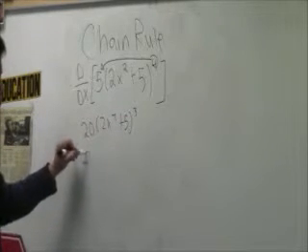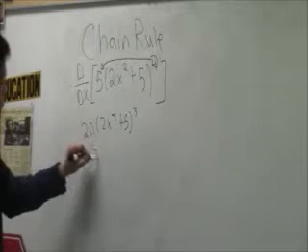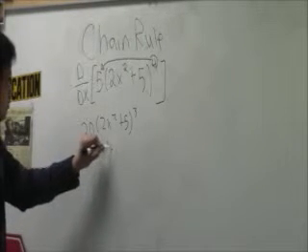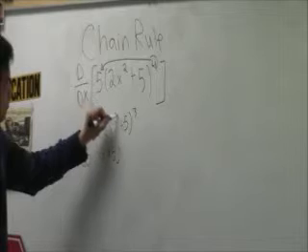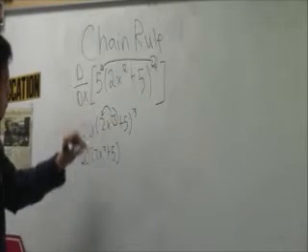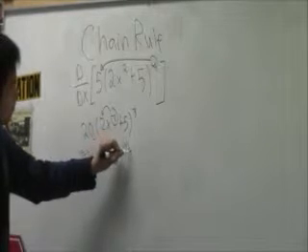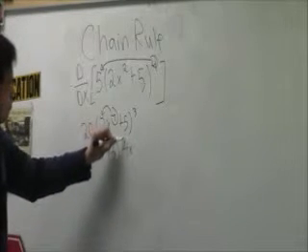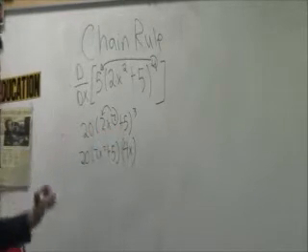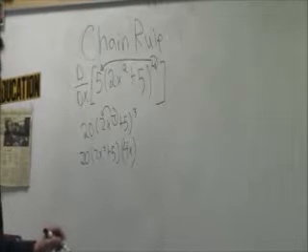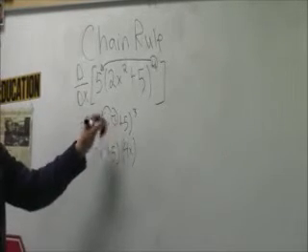And now you take the derivative of the inner function, or the numbers in the parentheses, which would be 4x plus 0, because the derivative of 5 is just 0.